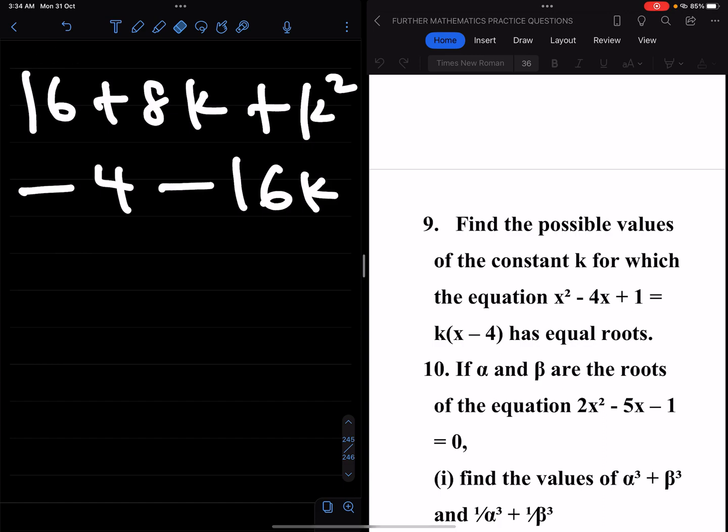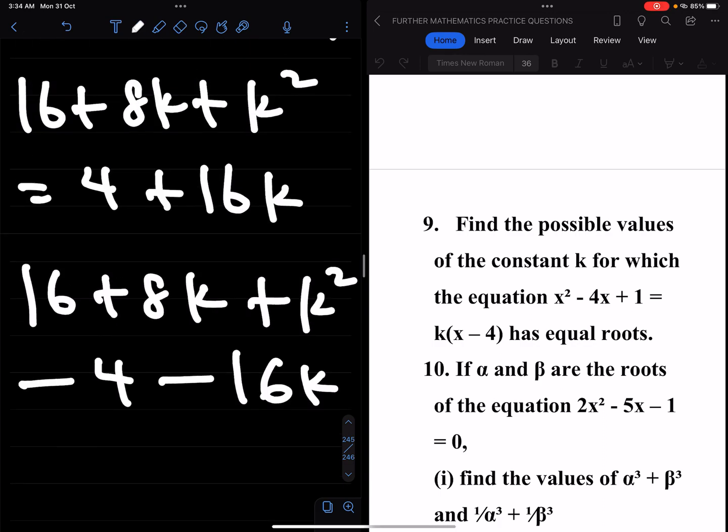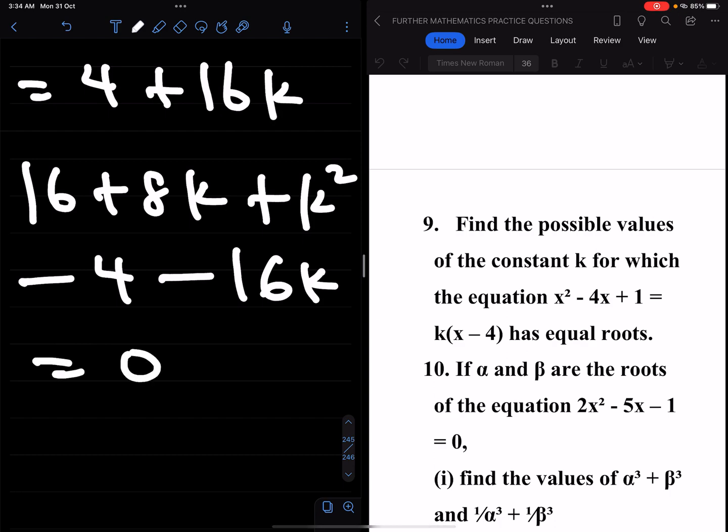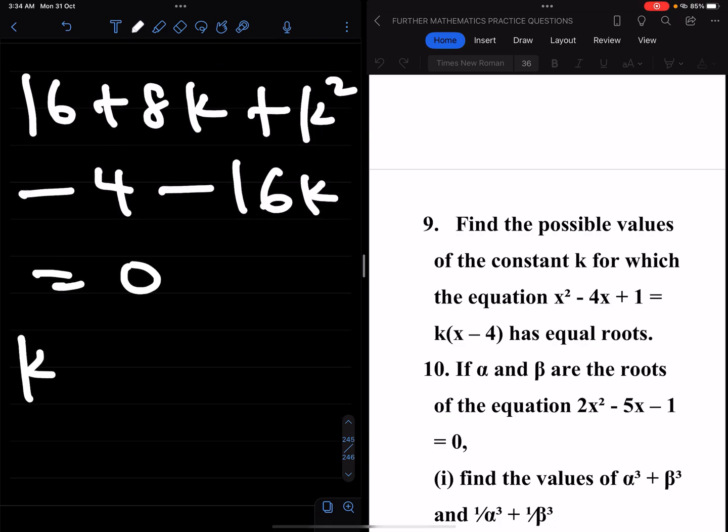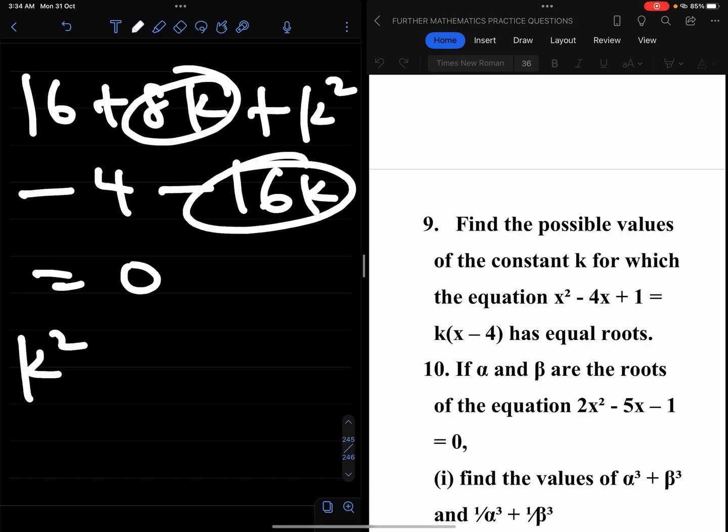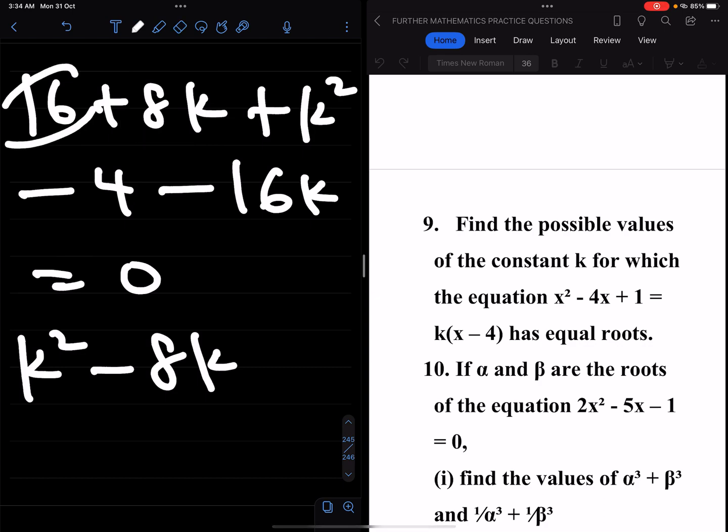When I moved the right hand side to the left hand side, I should have equals 0. And now I can rearrange as k squared, 8k minus 16k is minus 8k, and 16 minus 4 is 12, equals 0.